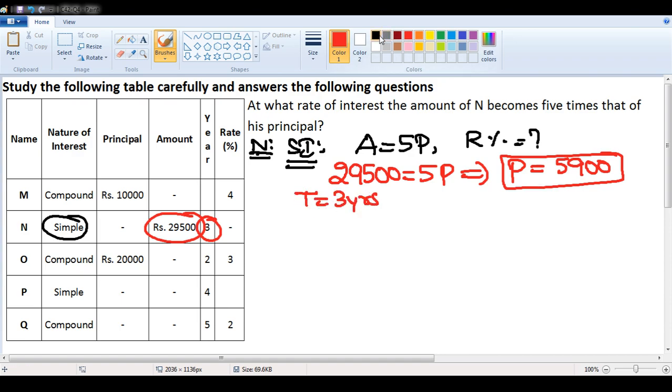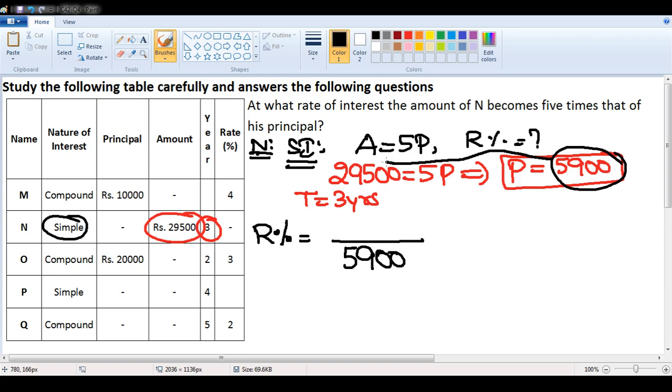Right? Now, first of all, what will be the rate of interest? Rate of interest is nothing but the initial value is always your denominator. Denominator is 5,900 because that is the initial value. Now, 5,900 is finally becoming 29,500. That means how much increase is happening? 29,500 minus 5,900 is an increase of 23,600.